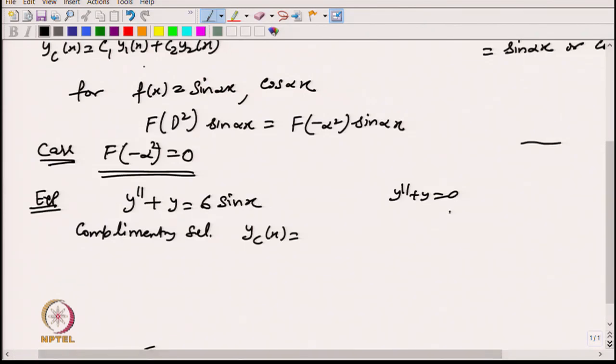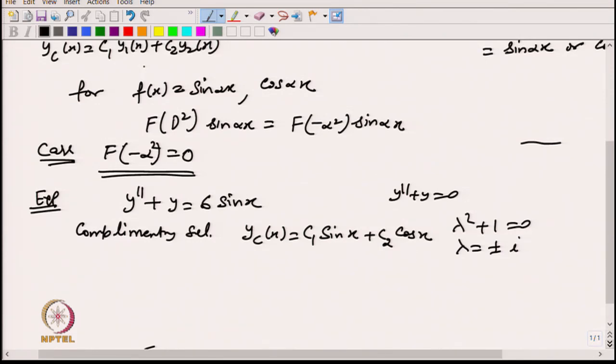From here I get the characteristic equation lambda square plus 1 equal to 0, and so lambda is equal to plus minus iota. So my complementary solution will be yc(x) equal to c1 sin x plus c2 cos x.